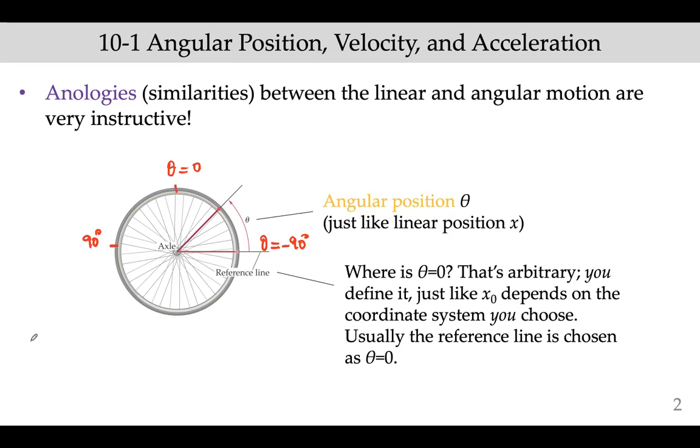So it's up to you, but the convention is to take this line to be theta equals 0 and measure all the angles in the counterclockwise direction. If you go this way, the angles are positive, but if you go this way, the angles are negative.